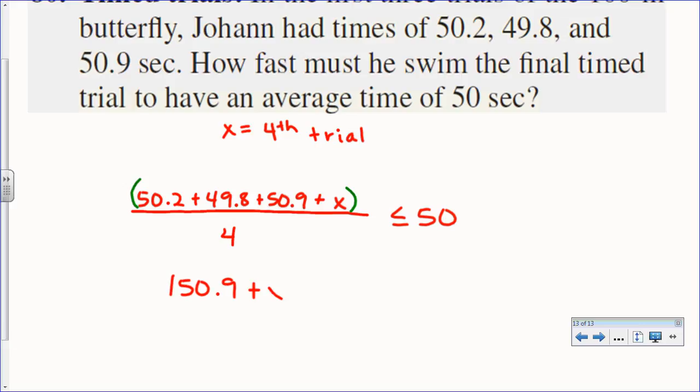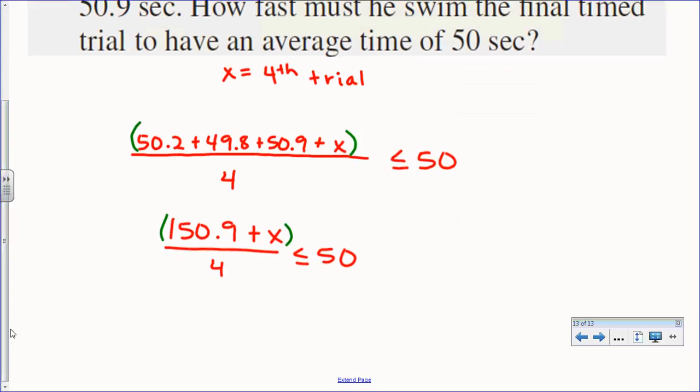Okay, plus x over 4 is less than or equal to 50. Again, because I have those invisible parentheses, I can't do anything yet until I get rid of that 4. So since I'm being divided by 4, what should I do to both sides? Multiply. Am I multiplying by a positive or a negative? Positive. So does my sign switch or stay the same? Stays the same.